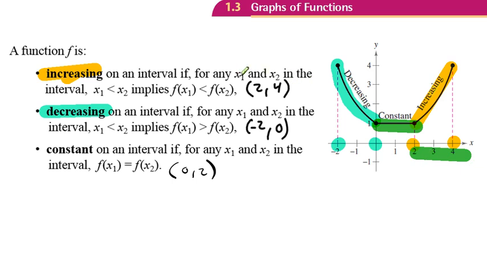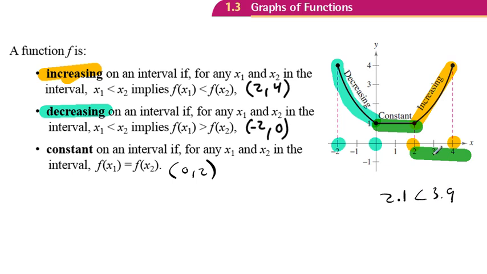For any x-coordinates x1 and x2 in the interval, x1 must be less than x2, meaning like x1, our 2, must be less than x2 right there. So if I choose anything in between from 2 to 4, isn't it true that 2.1 is less than 3.9?